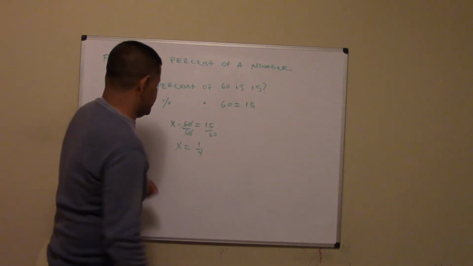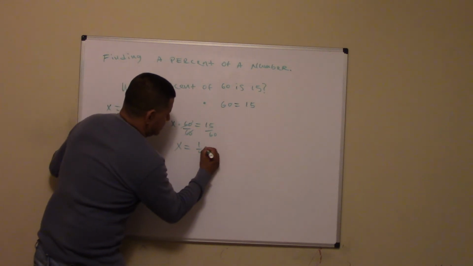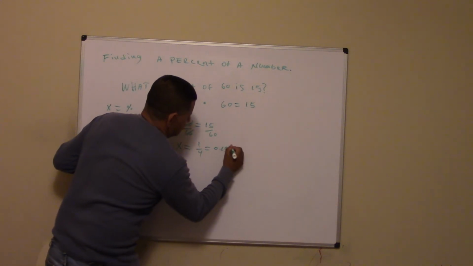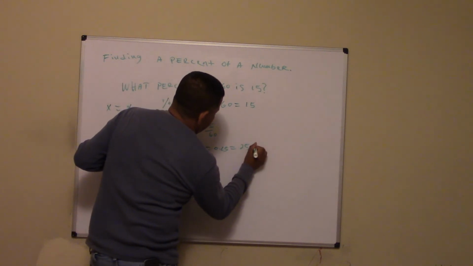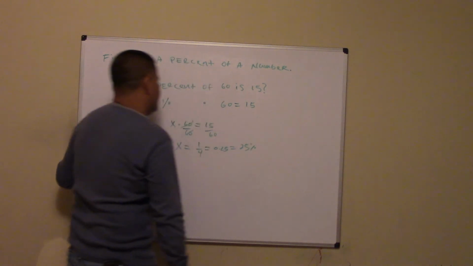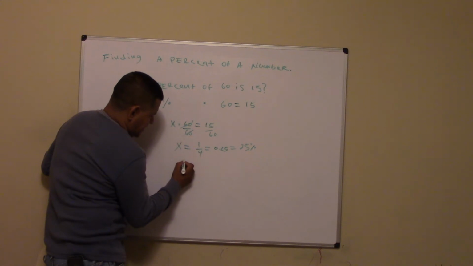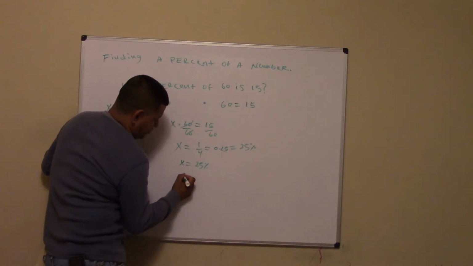It goes 4 times. So this is equal to 0.25, which is the same thing as 25%. So x is equal to 25%.